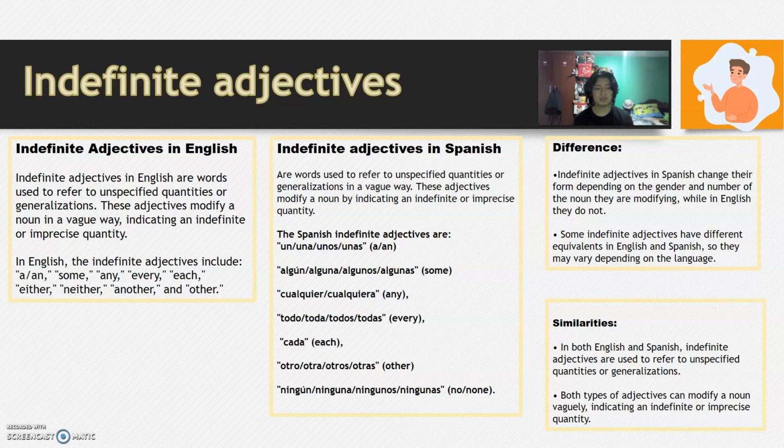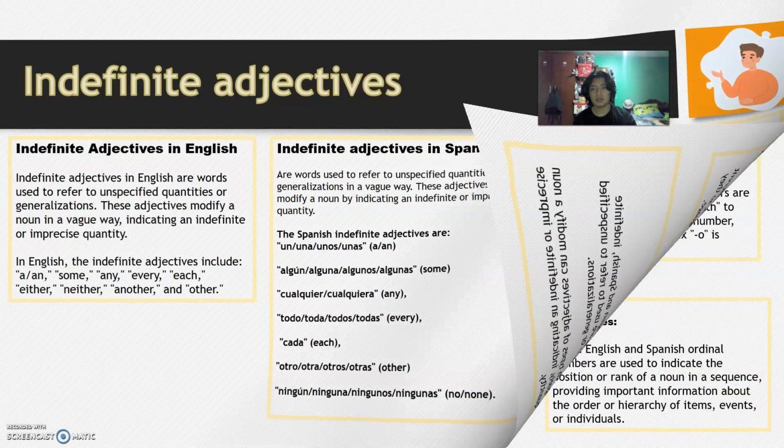And the similarity is that in both English and Spanish, indefinite adjectives are used to refer to unspecific quantities or relations. And the last is that both types of adjectives can modify a noun, vaguely indicating an indefinite or imprecise quantity.